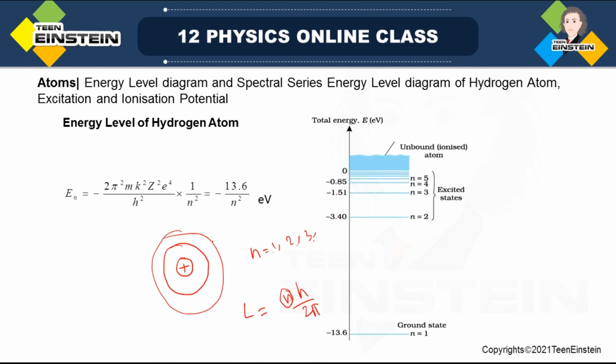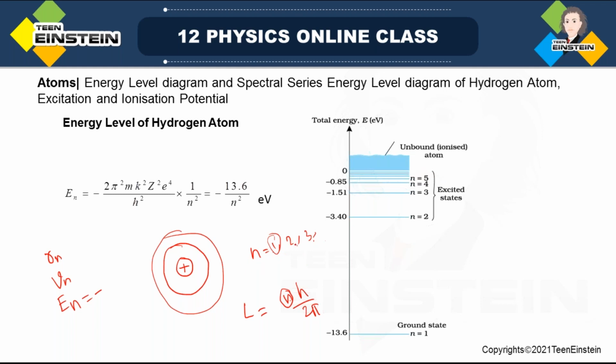And we have also derived the radius of various stationary orbits and the speed of the electrons in various stationary orbits, and also we have calculated the total energy of any orbit when the electron is situated at any stationary state, like any quantum number n is equal to 1 or 2 or 3.